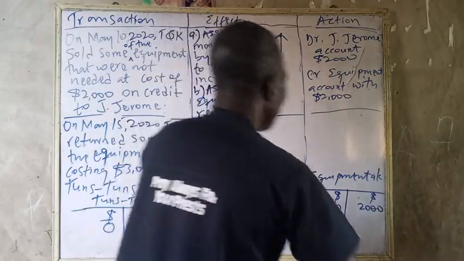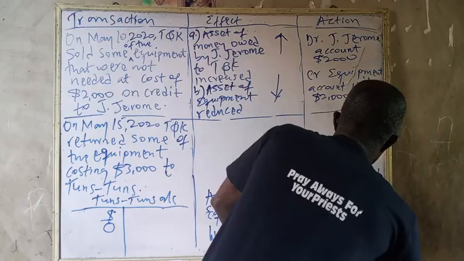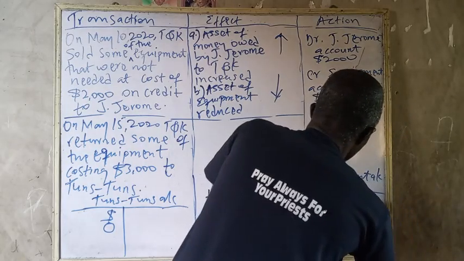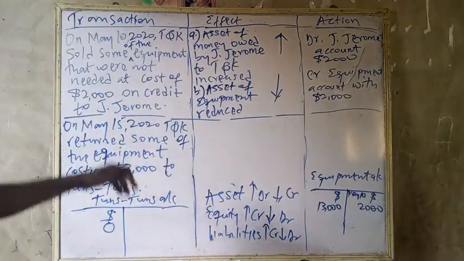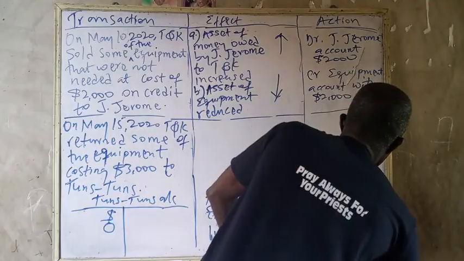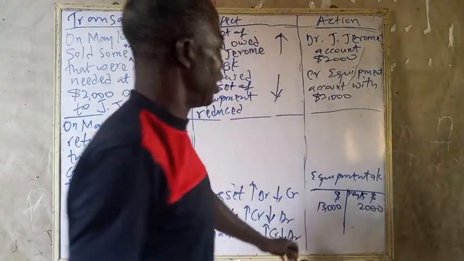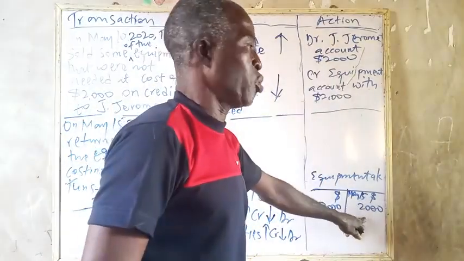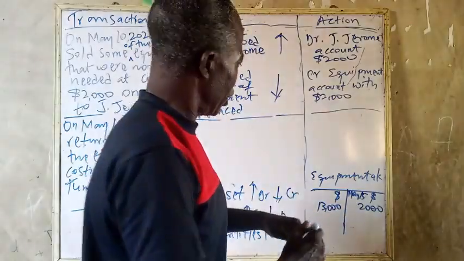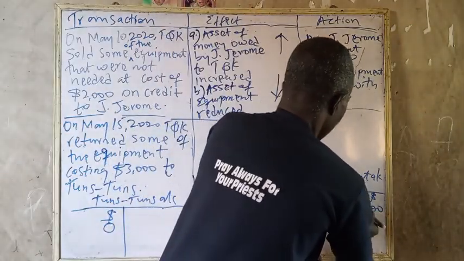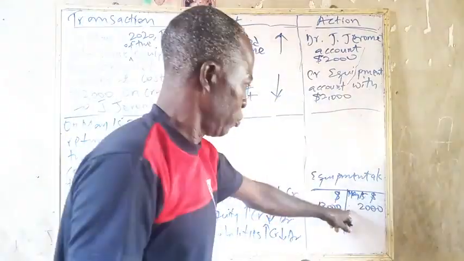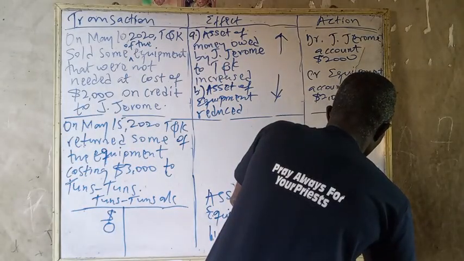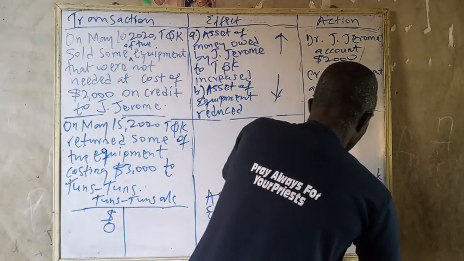But today, being May 15, assuming that yesterday, May 14, the account still remains 2,000 here. But we sold part of it to J. Jerome.